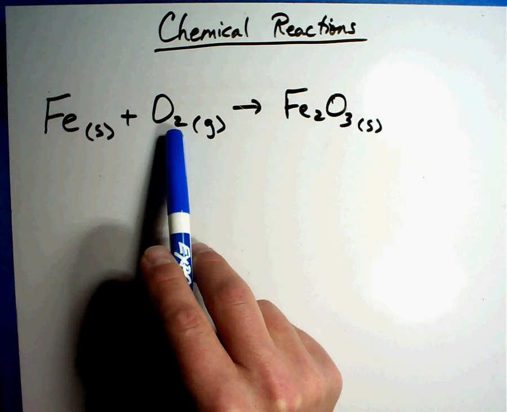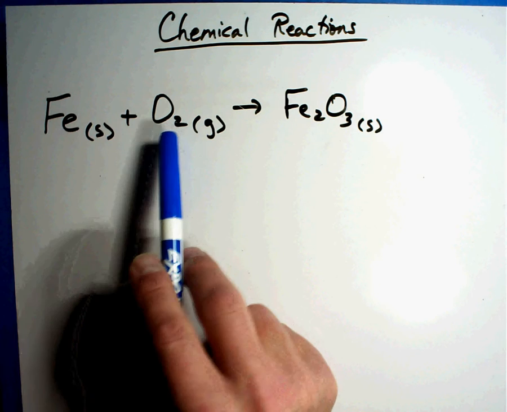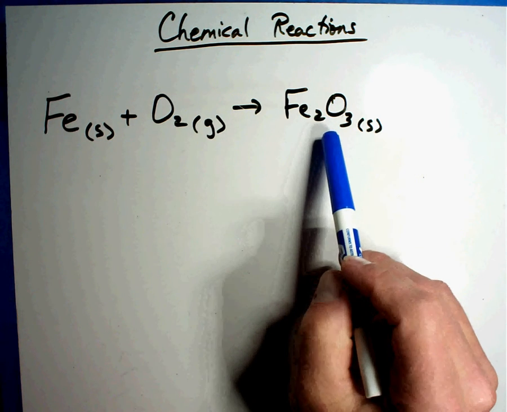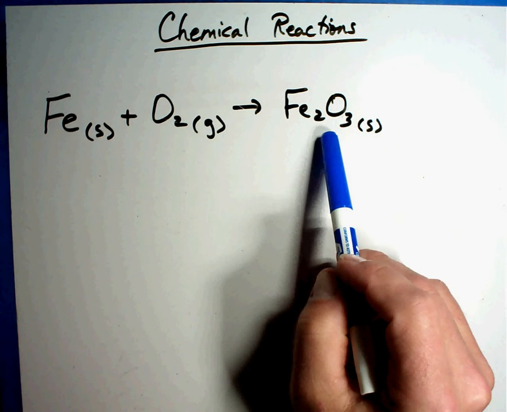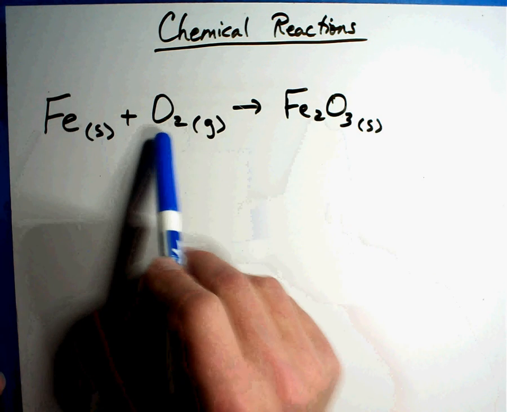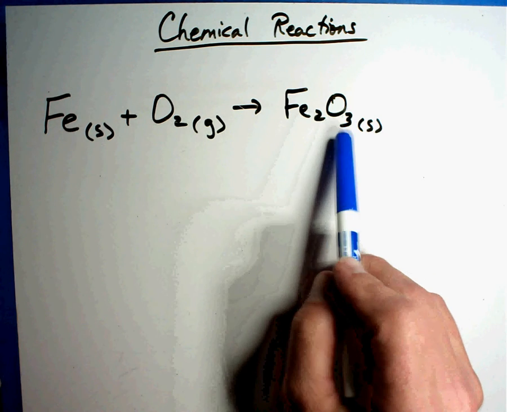It's called diatomic. You don't have to know that word, but there it is. You have iron and you have oxygen. And then on this other side, they will combine to make rust. Just like your car or your bicycle rusts over time, the iron and the oxygen react to make rust.